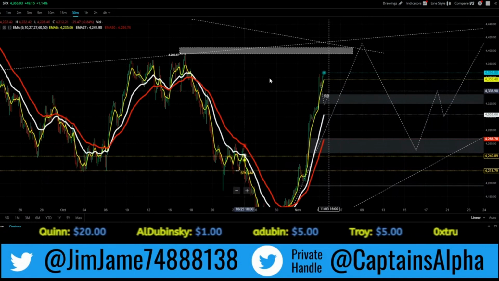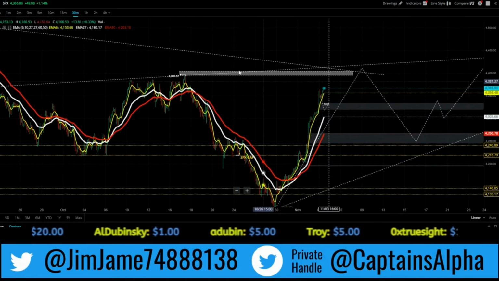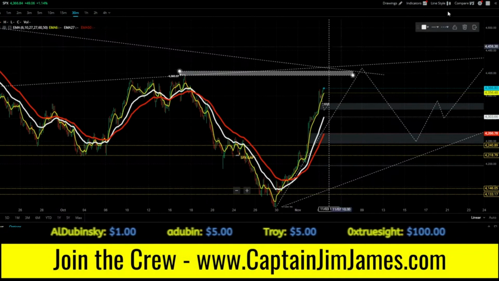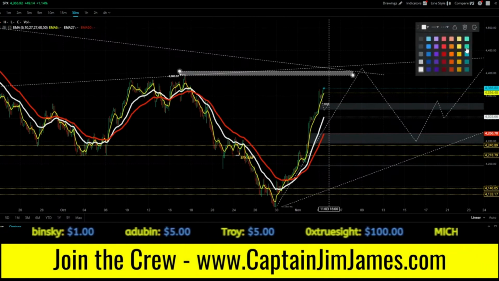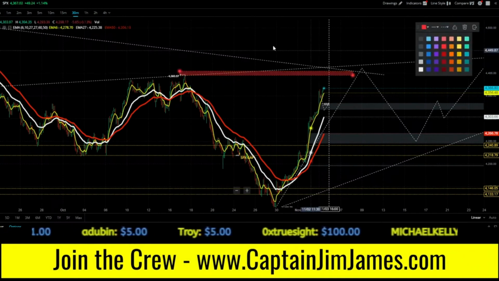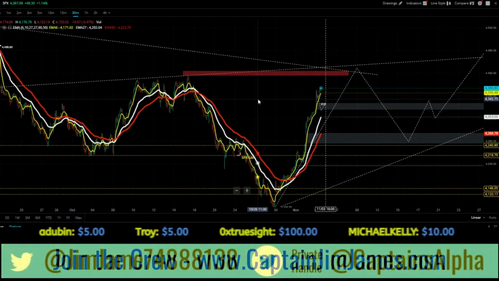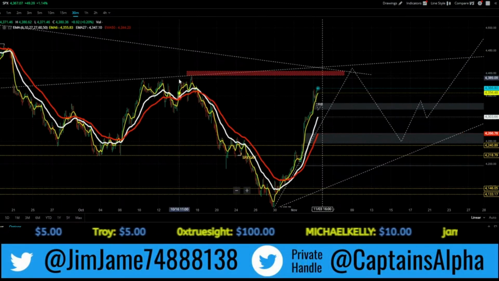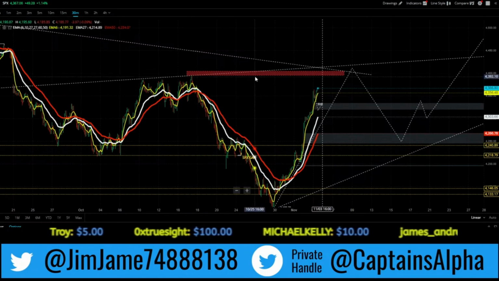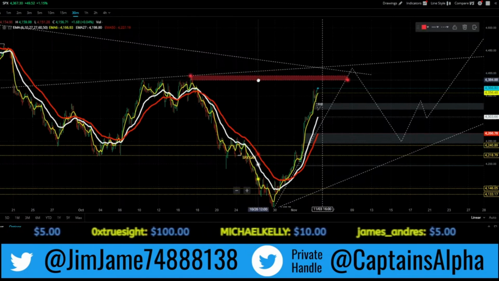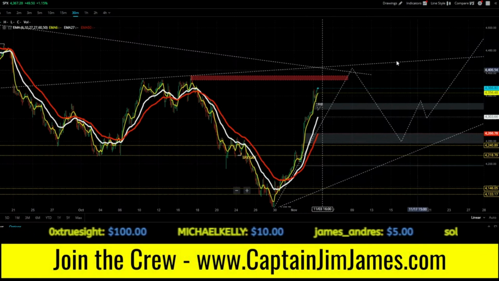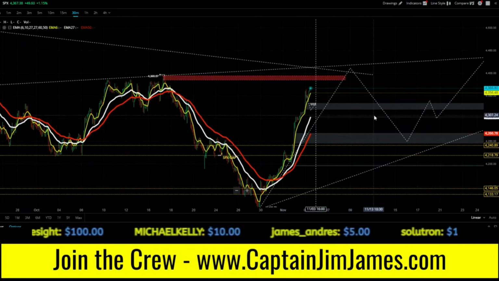Now we're on a 30-minute chart, right? So just inside of here, if you're a seller or a bear, what do you want to see, right? You want to see a failure up here, right? Matter of fact, this red could be brought down to right here.